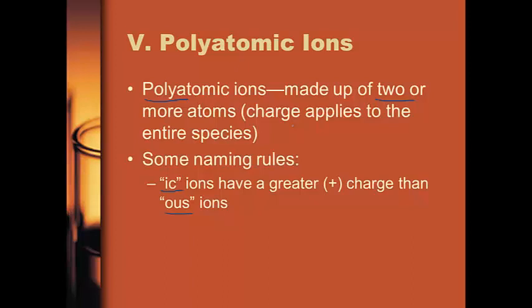Okay, but -ic is always bigger than the -ous. Okay. Ferric, Fe3+, ferrous, Fe2+, but don't forget, cupric is 2+, cuprous is 1+. So the -ic is not always the same charge. Okay, and plumbic is Pb4+, plumbous Pb2+, so not necessarily only one larger.